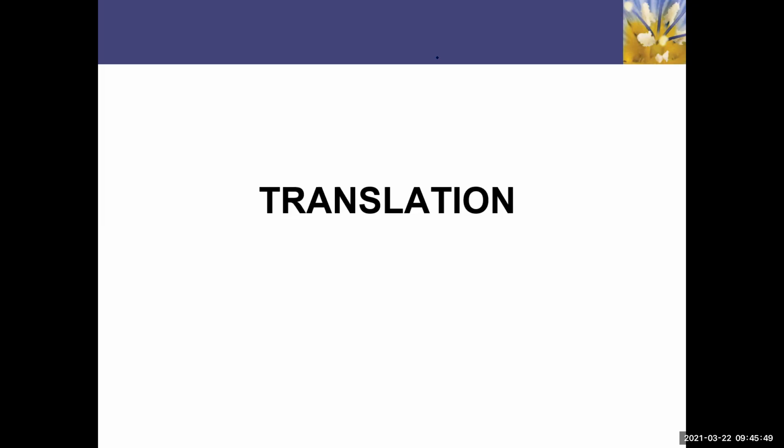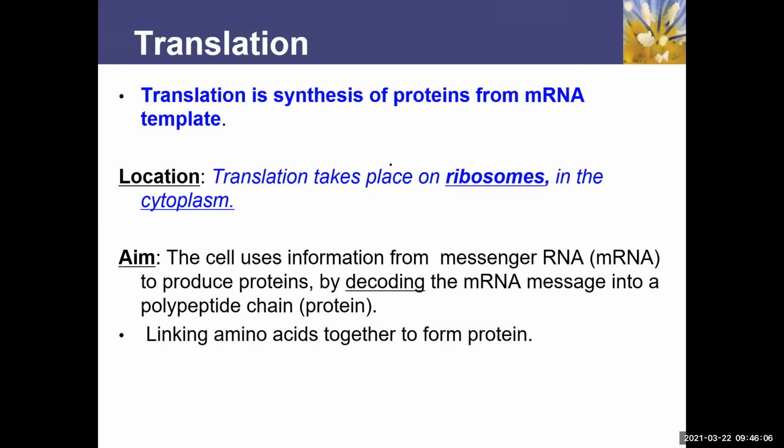For cake making, you'll go to the kitchen. But for protein making, where should we go? We should go to the cytoplasm. But where in the cytoplasm? We should go to the ribosomes. Absolutely, guys. Just as the kitchen is there for your cake making, we have ribosomes for protein synthesis.